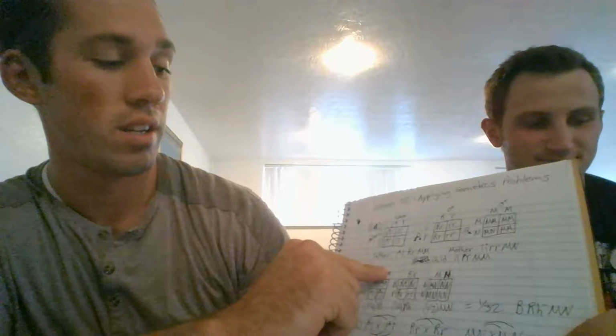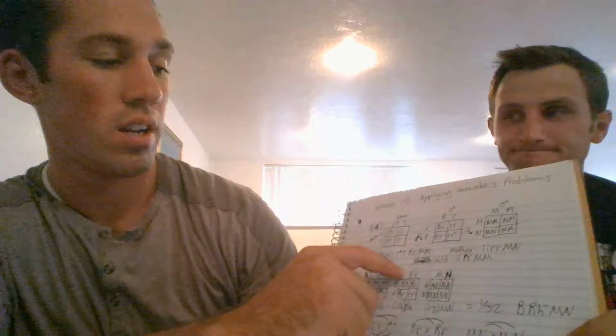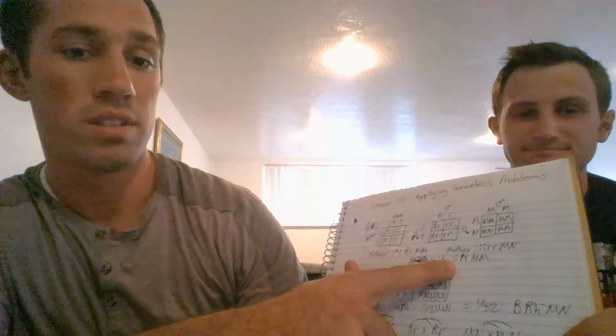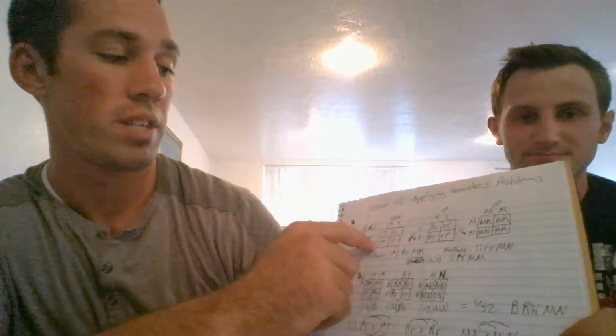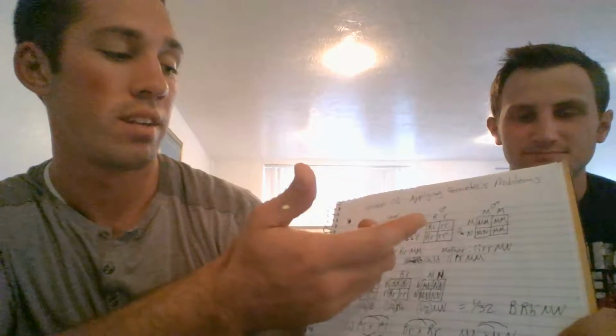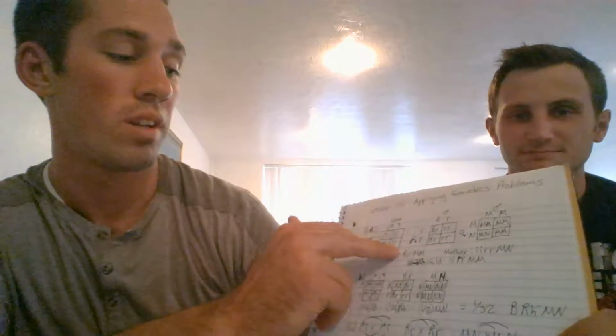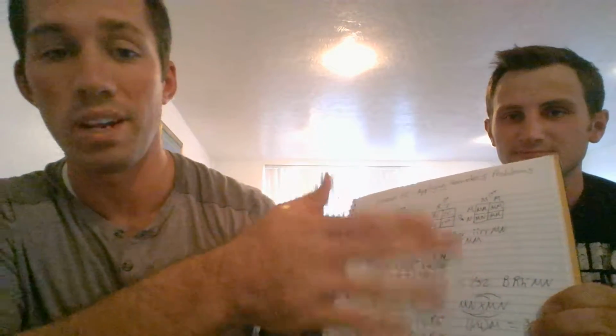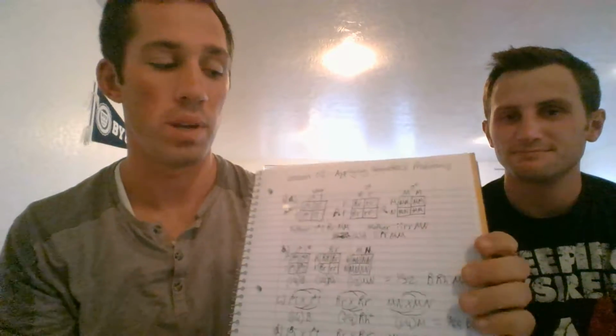In order to get an offspring that is ii, or O blood type, both parents have to have the i allele in them, so that it will be passed down through both of them, or else it will be dominated by the A or the B. So you check the father and mother for the blood type, then for the Rh positive and negative, and then for the M and N.